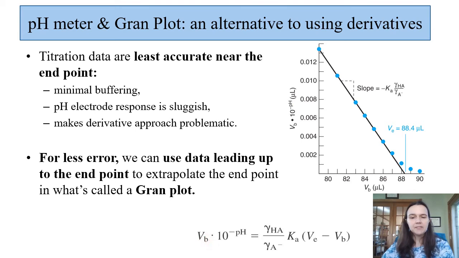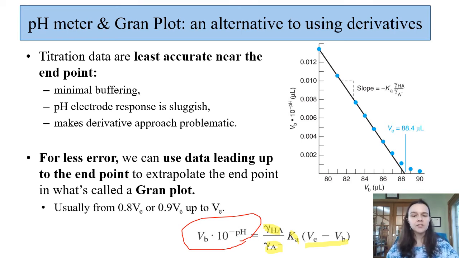That volume of base times 10 to the minus pH here is coming from a derivation from Gran, which includes the various activities of HA and of the A minus, for example, along with the equilibrium constant Ka and the various differences in the volumes, okay? So you don't really have to remember all of the details about the derivation. I certainly never do remember them, but the concept is that we can make this altered plot and extrapolate it.